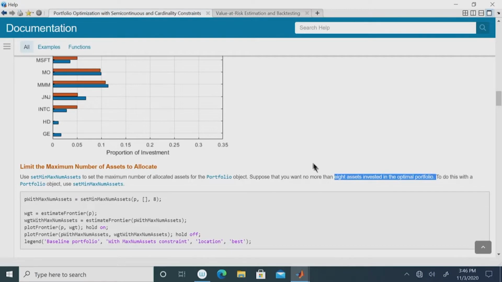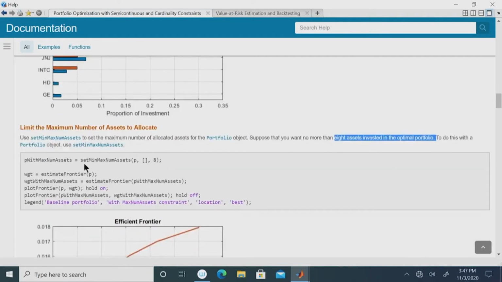This means that the optimal portfolio that you are determining is going to comprise no more than 8 assets, so 8 or less than or equal to 8 assets. This is accomplished with the portfolio object's inbuilt command of set min max num assets, to set the minimum and maximum of the number of assets.